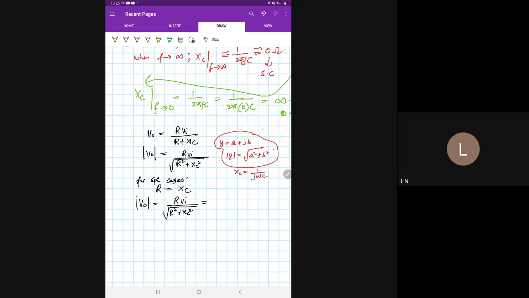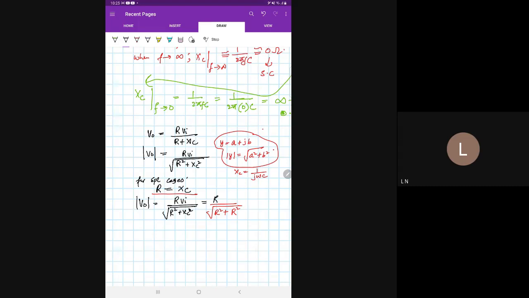For special cases XC is equal to R, so instead of XC square we can write R square.